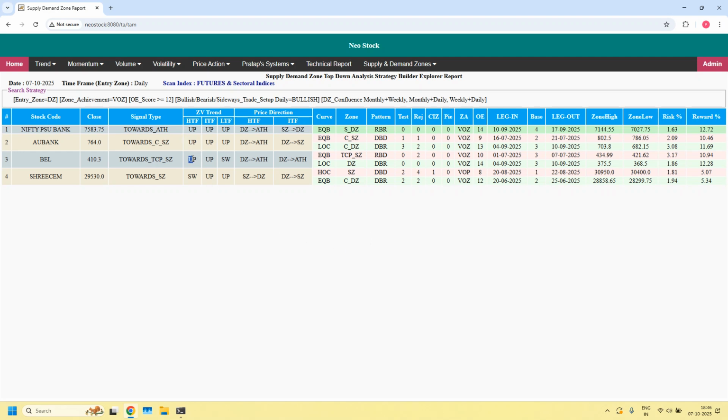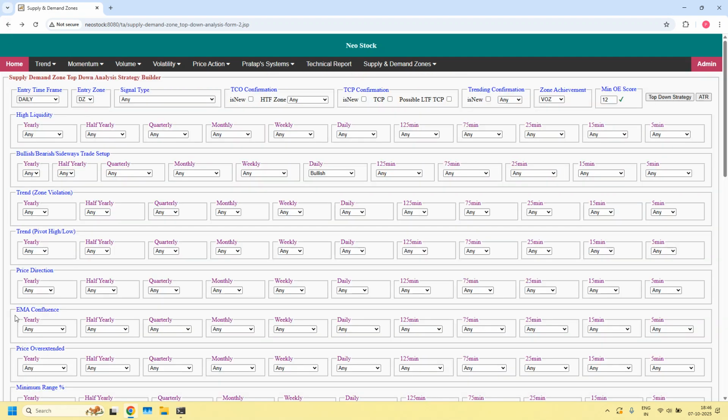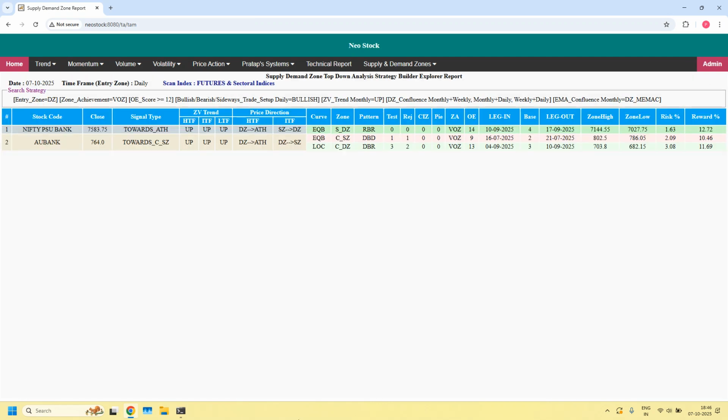Monthly trend is uptrend in 3 stocks. Let's further filter based on monthly demand zone having monthly EMA confluence, and also trend on the monthly should not be sideways. It should be uptrend because it is bullish trade setup. So we got 2 stocks.